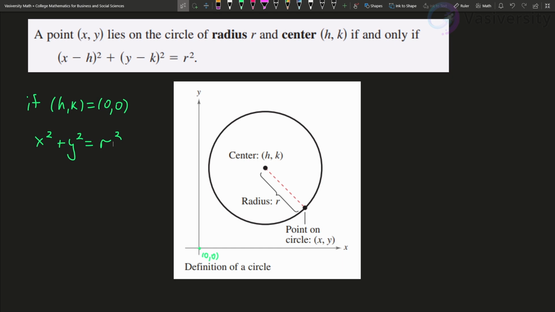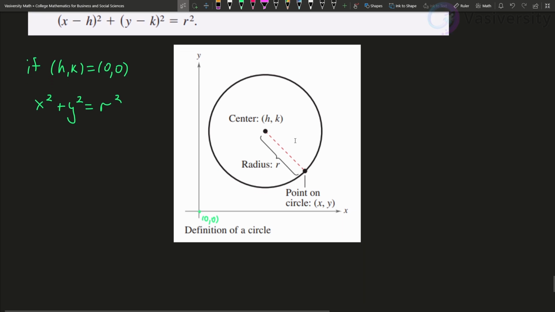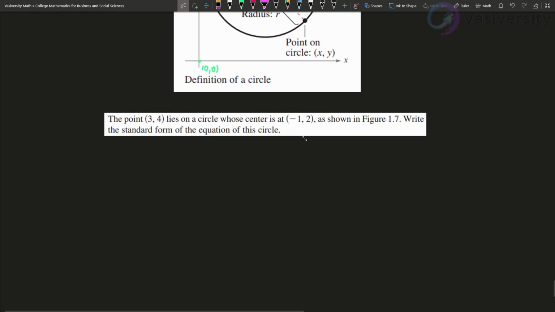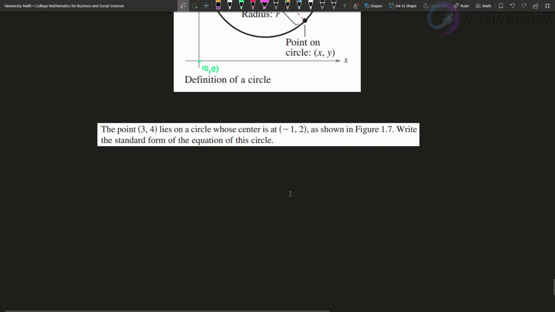And then what we can say is we can have one of the problems here. So let's solve this problem of finding a circle. So it's going to be example 3.1. The point 3, 4 lies on a circle whose center is at -1, 2.